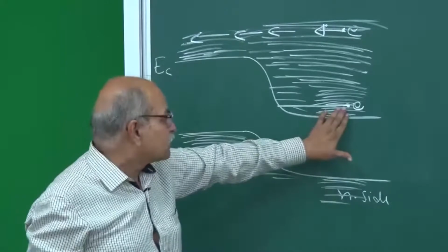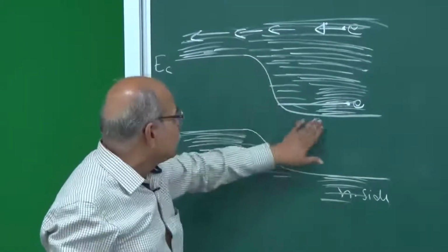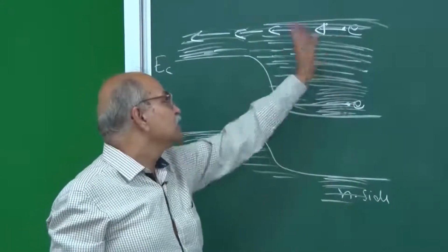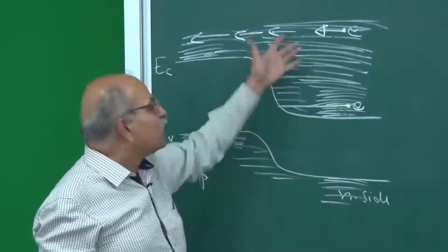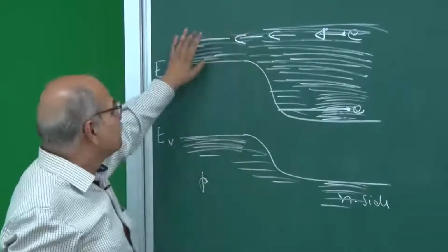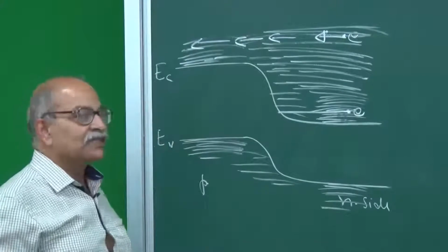So for these electrons this barrier is not surmountable, at least classically, but for these electrons the barrier is crossed. The kinetic energy will decrease, all those things will happen, but it can still cross over.